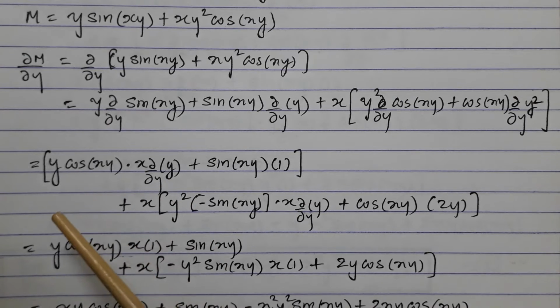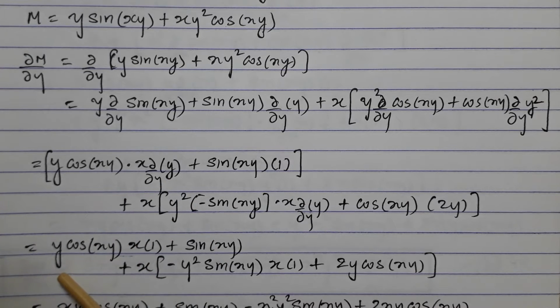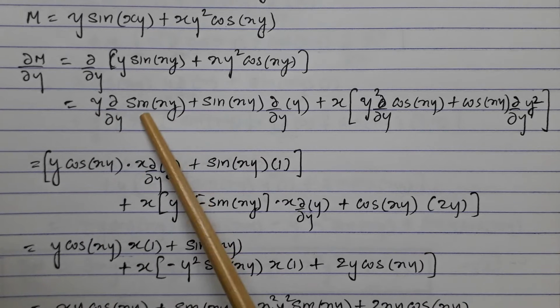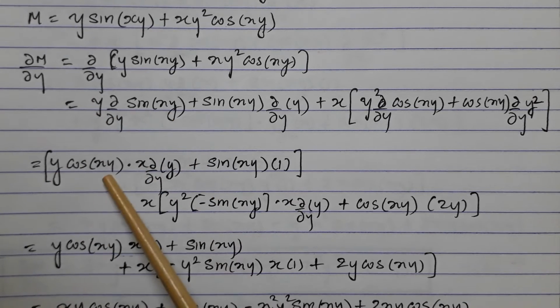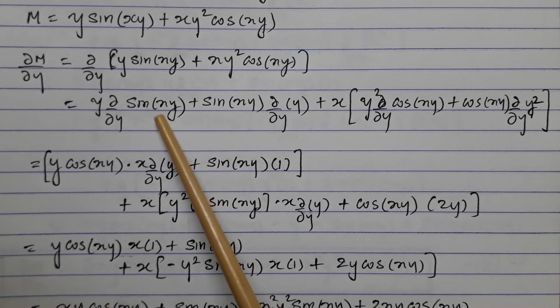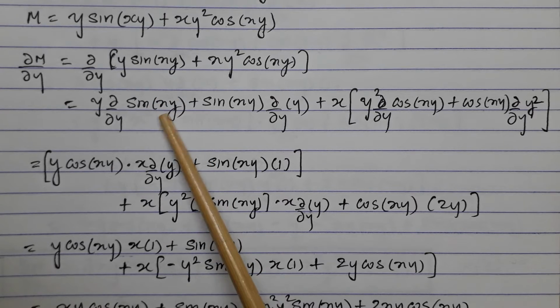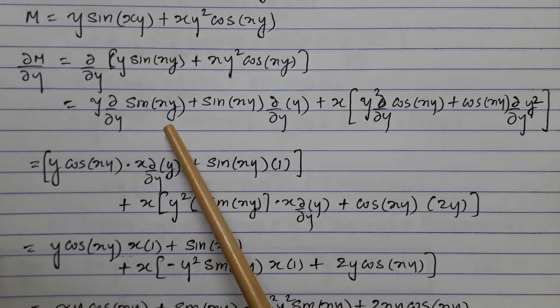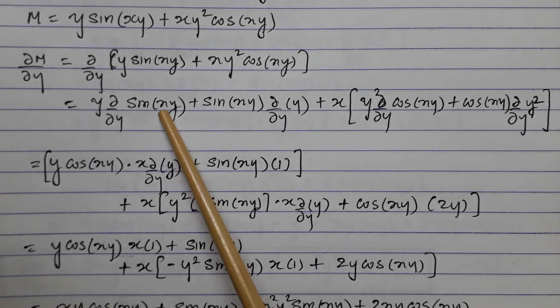Now, this would be y, and ∂/∂y of sin xy is cos xy into the partial derivative of xy with respect to y. But since we are differentiating partially with respect to y, we'll have to treat x as a constant.